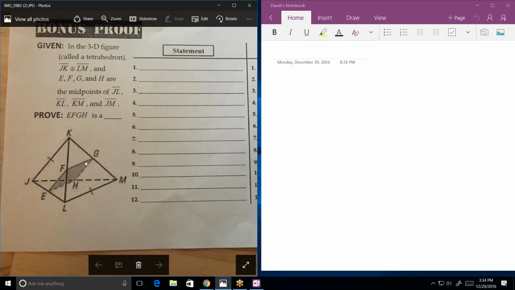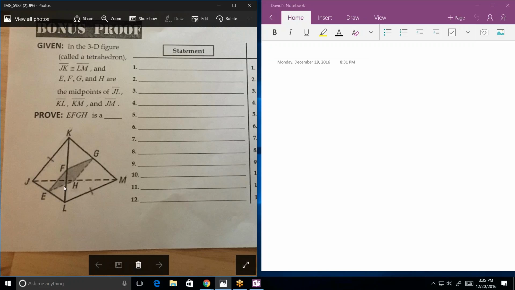Now, if we look at line GH, the next two steps are a little harder to see, but not really. If we look at line GH, that's the mid-segment of triangle JKM, whose base is JK. In other words, because it's a mid-segment, it is equal to half of JK.